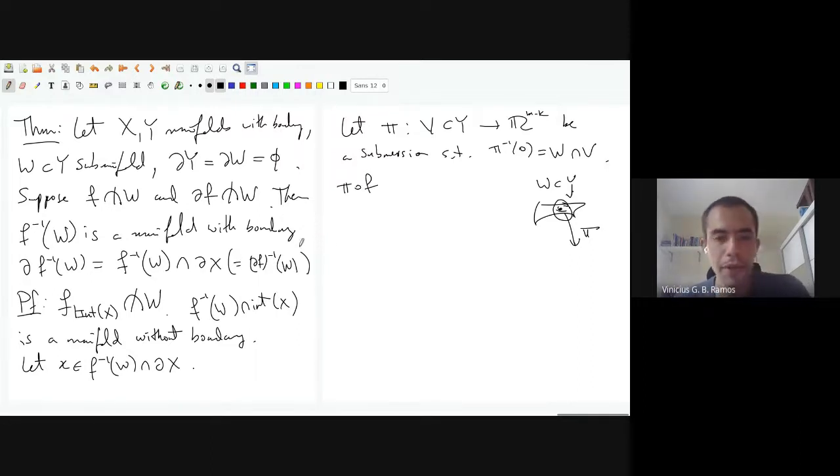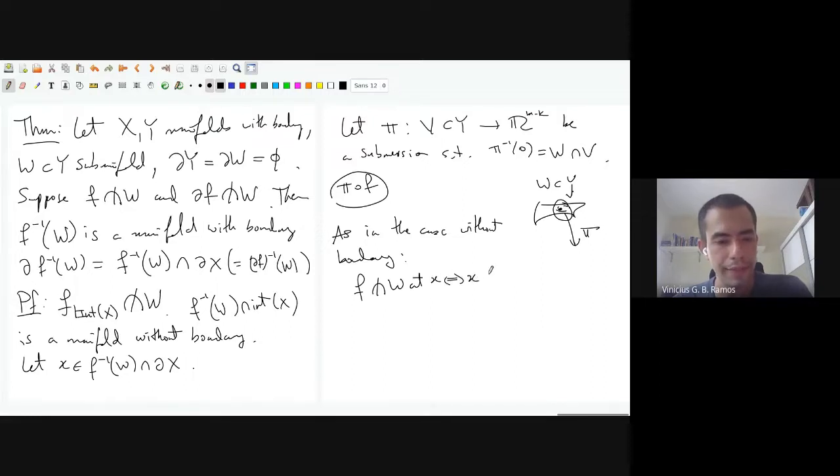And then, as in the case without boundary, we have that f is transverse to W at x if and only if x is a regular point of pi composed with f.